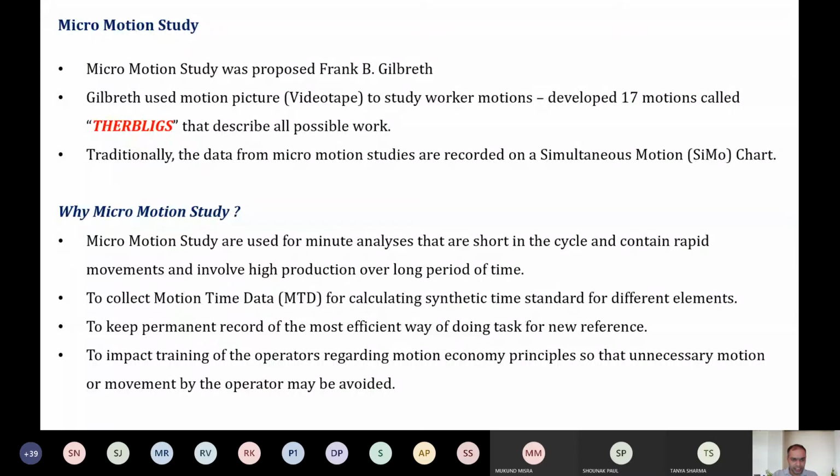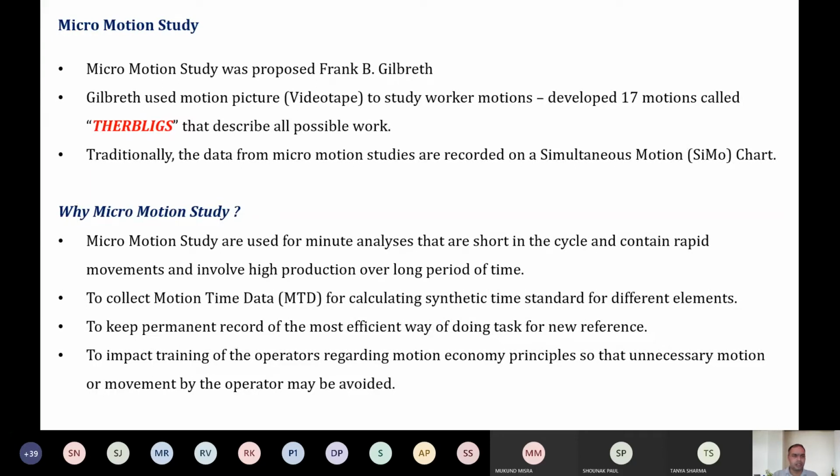Then after collecting the motion time data, with the help of the therbligs I do the calculations and determine the time actually required to do the job. This helps me avoid unnecessary movement of the operator. How I can avoid the movement of my operators can be considered. This way the micro motion study will help me.